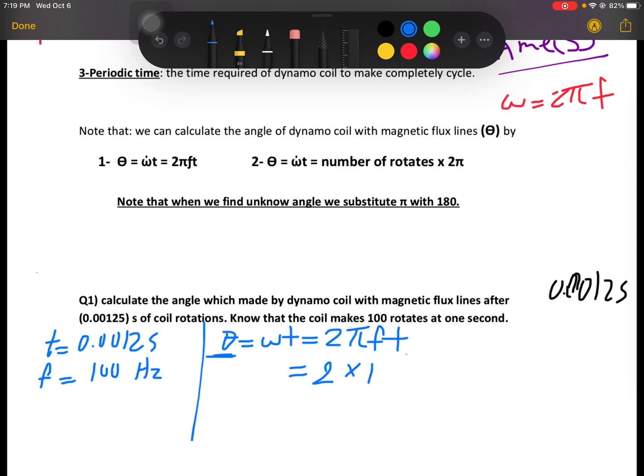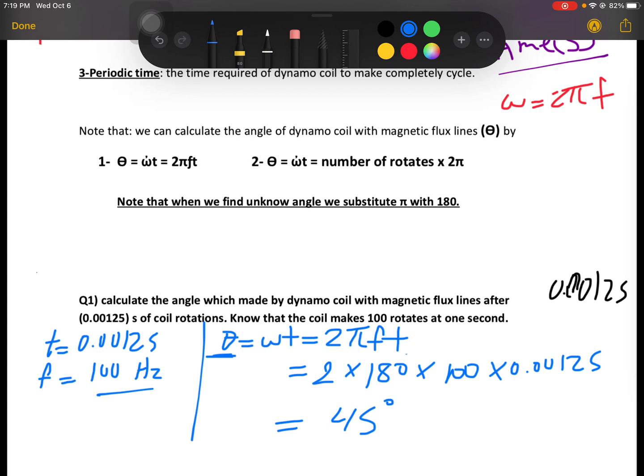So 2 times 180 times frequency 100 times the time 0.00125. By using the calculator, we will find out the answer is 45 degrees.